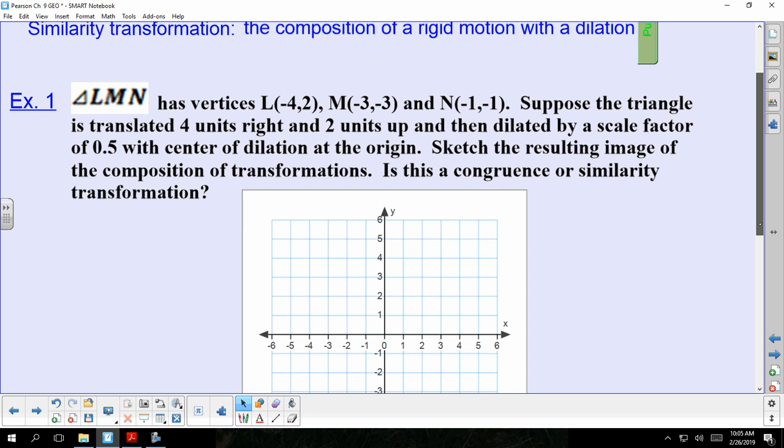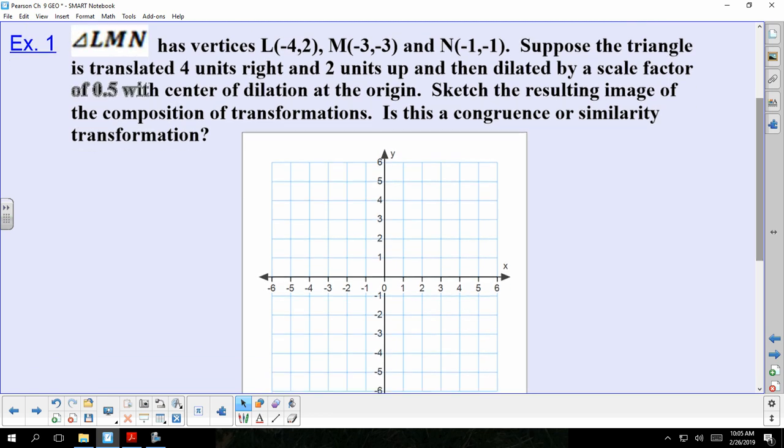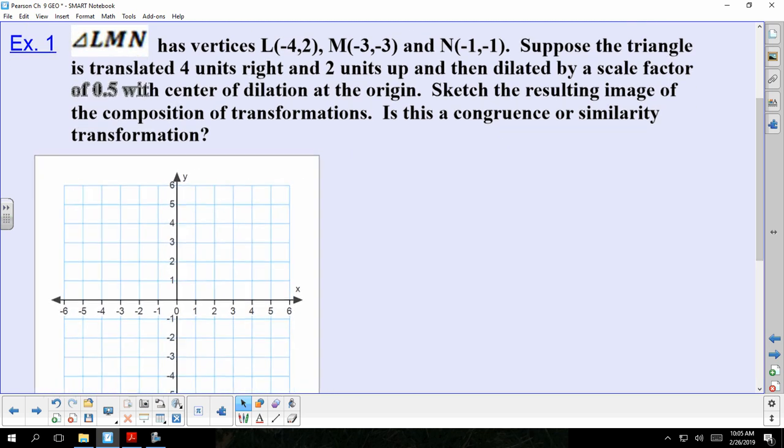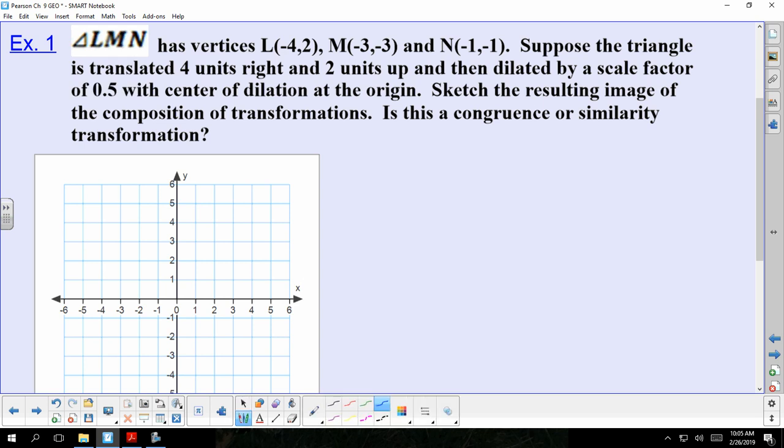All right, let's just move on over. I'm going to graph this triangle L, M, and N. So I have L, -4, 2. M, -3, -3.